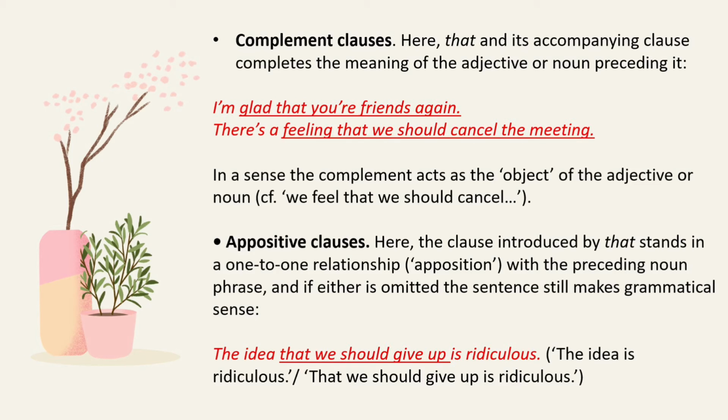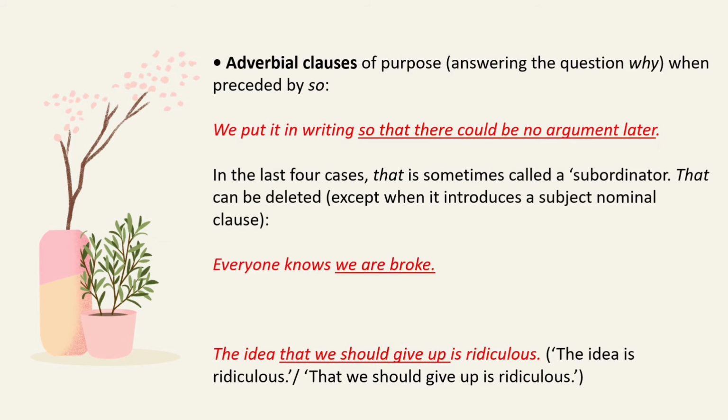Here, the clause introduced by that stands in a one-to-one relationship or apposition with the preceding noun phrase. And if either is omitted, the sentence still makes grammatical sense. For example, the idea that we should give up is ridiculous. It can be the idea is ridiculous or that we should give up is ridiculous.